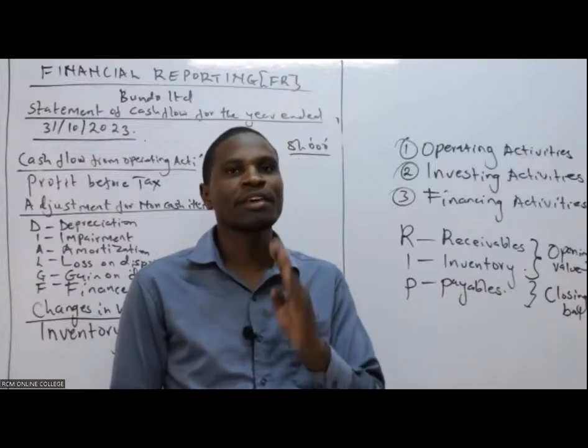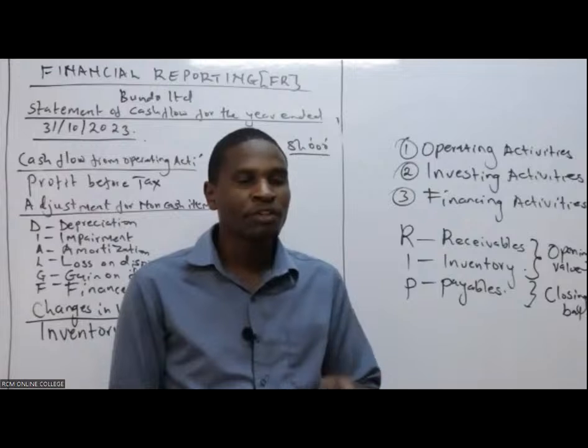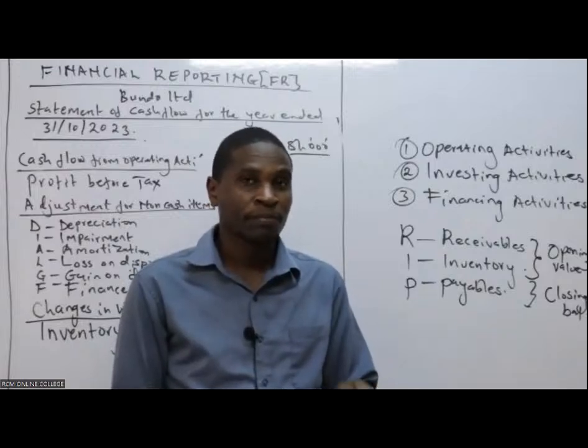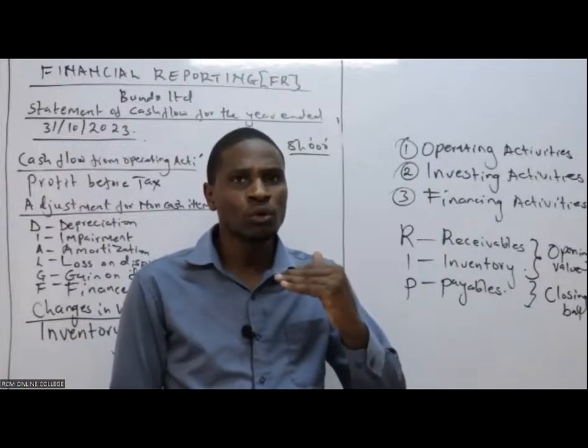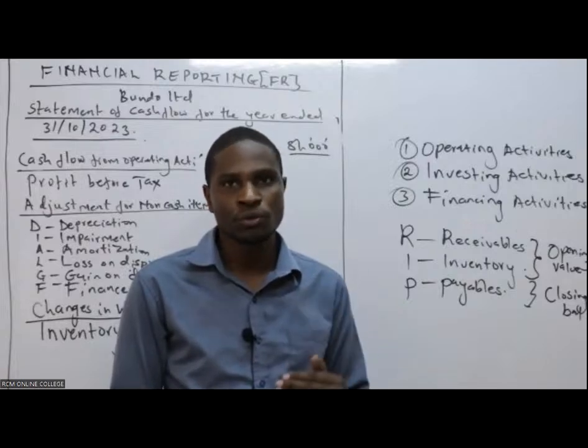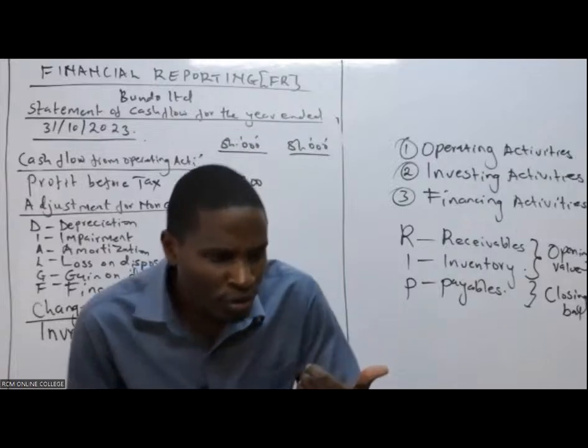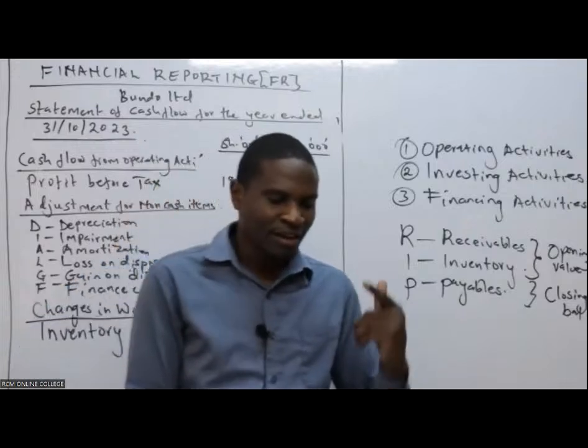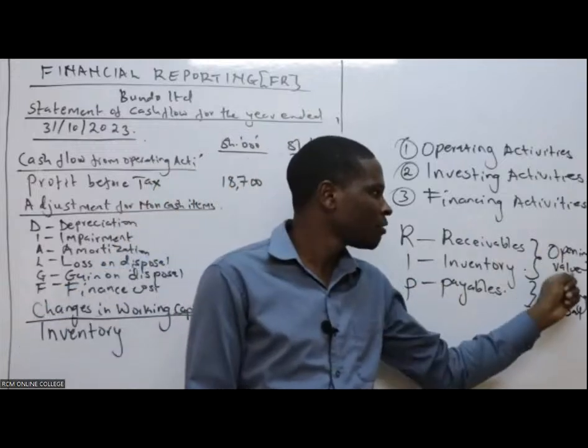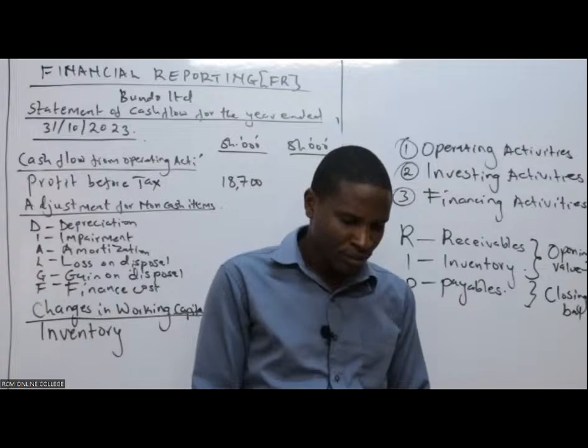But that is not the case. You can see the first column is for the current year. So it's always good to be very keen. So we've been told by Agnes that our opening balance was 5760.